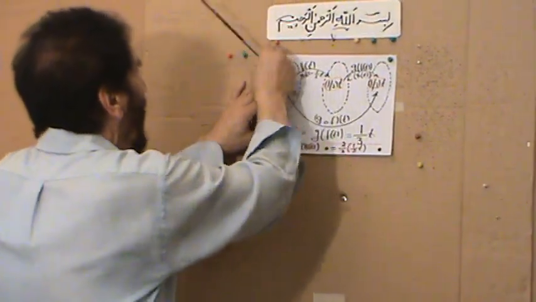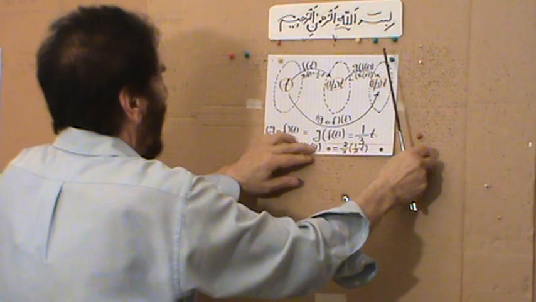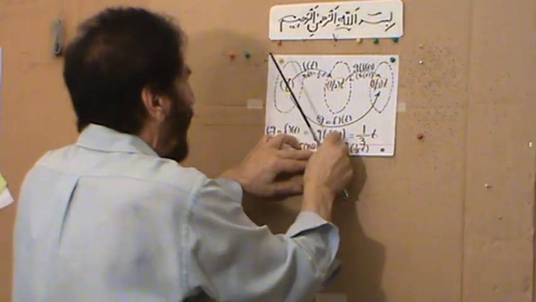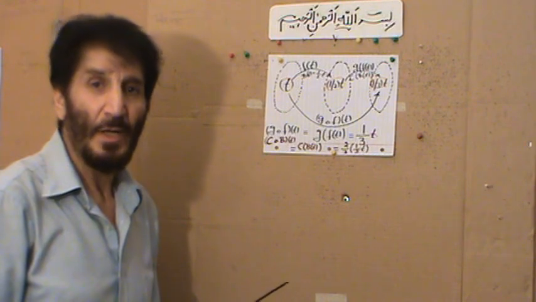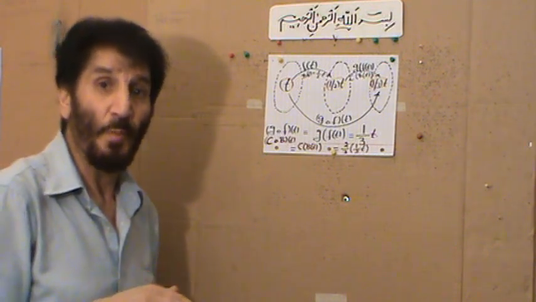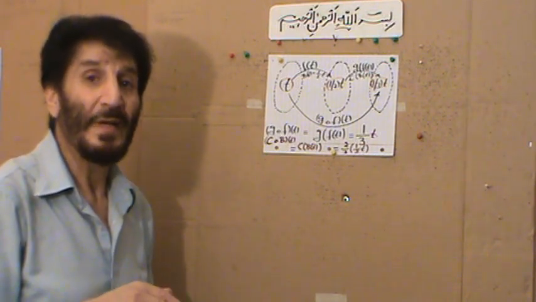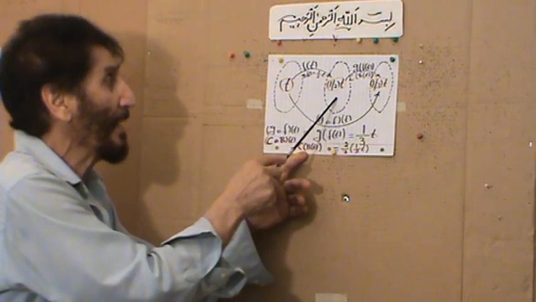Now here I am combining the two, the range of the B on top of the domain of what? Of C. And you see that?